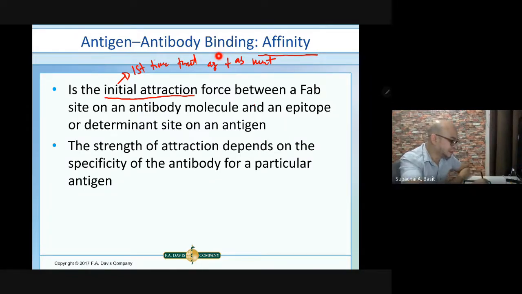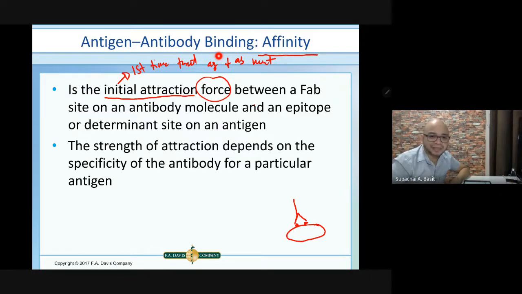So there is an initial attraction force between the FAB site, an antibody molecule, and the epitope or determinant site of an antigen. So if this, for example, is an antigen, and this would be the epitope, the first time that they meet is actually called affinity.